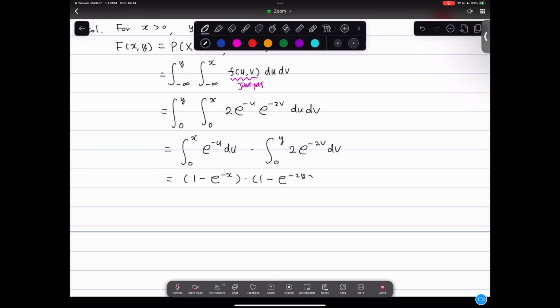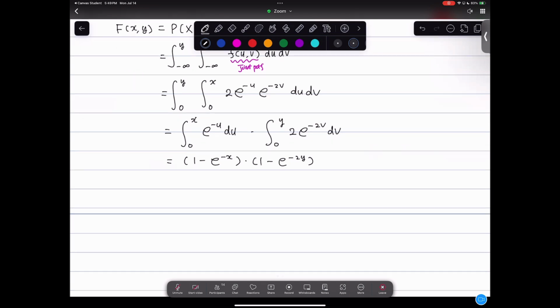So you do the rest of it. This is my CDF. To be more clear, F(x,y) is 1 minus e to the power of negative x, times 1 minus e to the power of negative 2y, for both x and y greater than 0, otherwise it's 0. So this is a proper CDF.